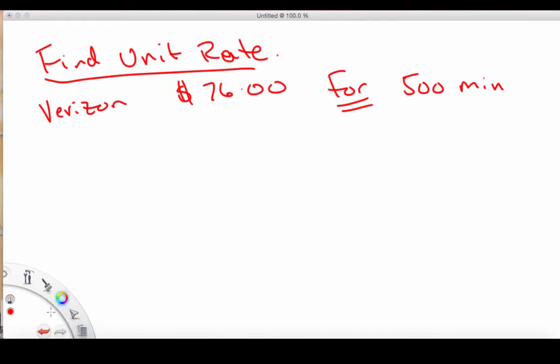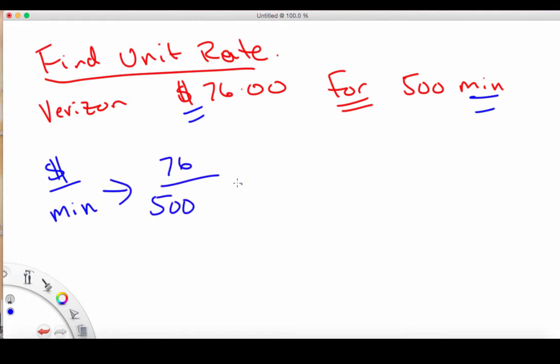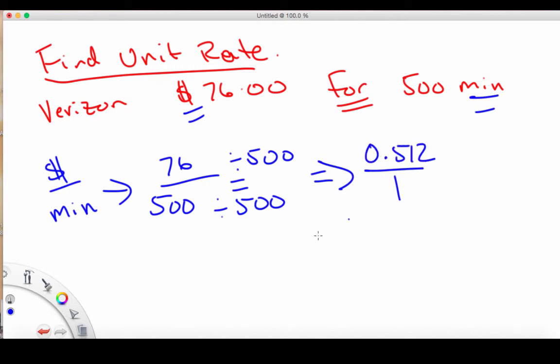So let's set it up. My measurements are money and minutes, so money over minutes. My money is 76 over 500. How do we get this into 1 as a denominator? We divide the denominator by itself, and we also do the same to the numerator. So 500 divided by 500 is 1, and 76 divided by 500 we should get 0.512.